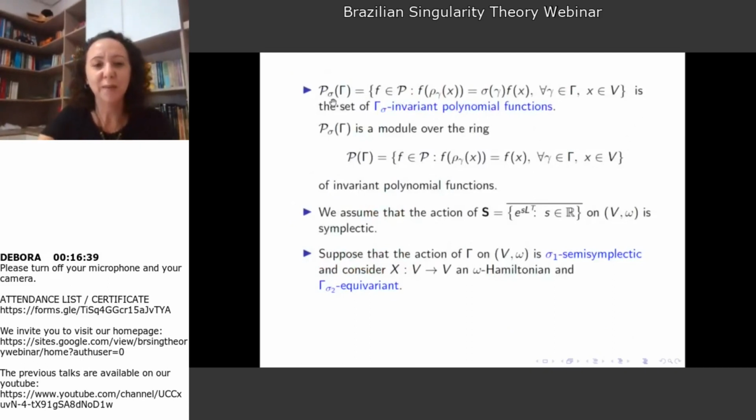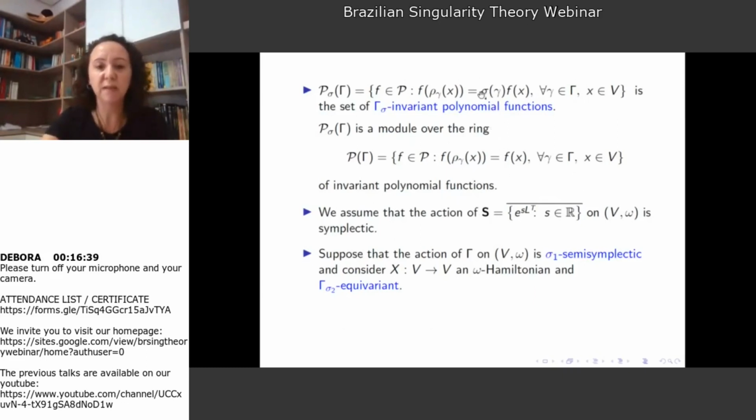P sigma gamma is the set of gamma sigma polynomial invariant functions. Polynomial invariant functions means invariant with respect to the action sigma gamma, which can be 1 or minus 1. And this set is a model of the ring of invariant polynomial functions.